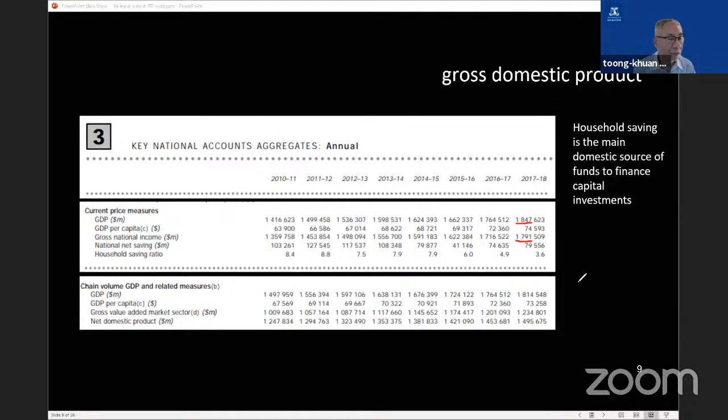Now, what is more important here is savings. Households need to save. So savings will become the main source of funds to finance capital investment. In all the documents I read about Indonesia, a lot of information says that your government doesn't have enough funds to pay for infrastructure investment.